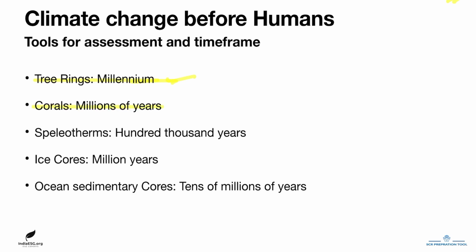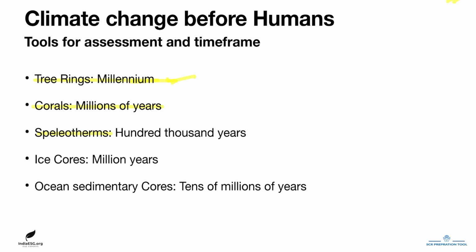The other source of information are corals. So by using the skeletons of these sea creatures, which are called corals, scientists can get information about climate conditions in the ocean over millions of years. Then the next source of information is speleothems.